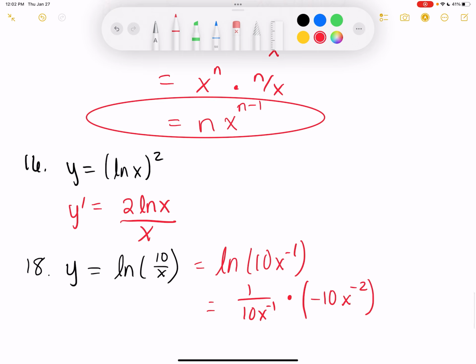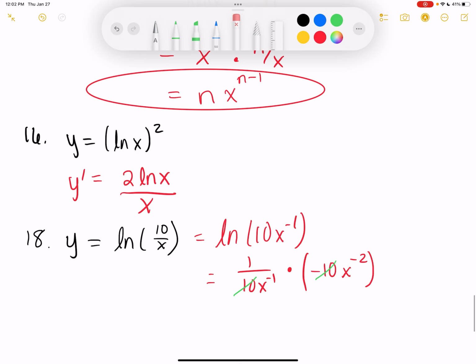So then my 10s are going to cancel. Then with the x to the negative 1 and the x to the negative 2, I can bring that negative 2 down to the bottom. So negative 1 plus 2 is just going to be 1. So my answer for this one is just going to end up being equal to negative 1 over x.